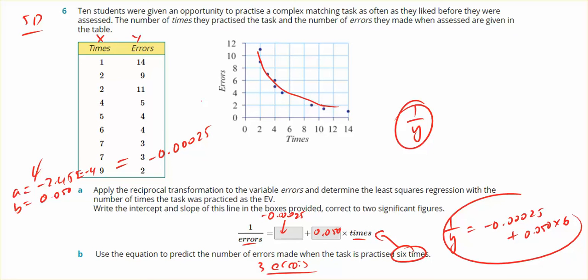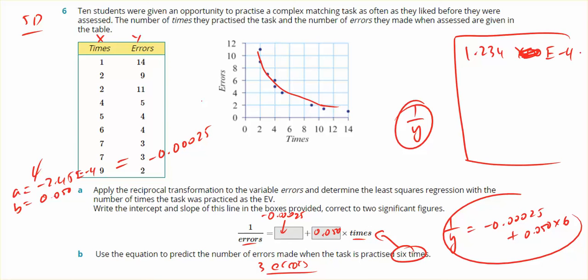3 errors. Okay. So I guess what I want you to get out of this is when you're faced with numbers such as, okay, I'll make up something, 1.234 e to the negative 4, that is the same as 1.234 times 10 to the negative 4.